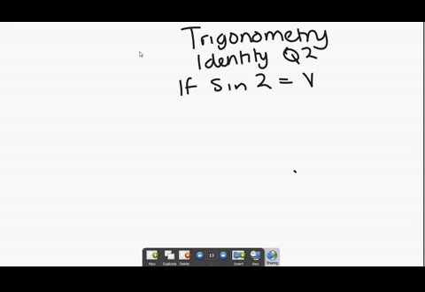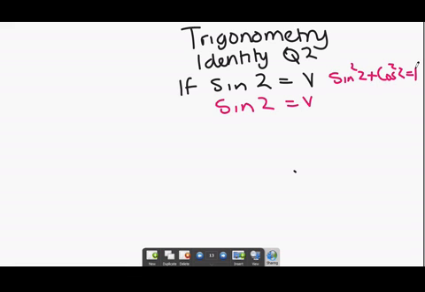Now, from what they have given me, I know that sine 2 is equal to v. Now, this can give me the right to say, what? Remember, there is an identity which says sine squared 2 plus cos squared 2 is equal to 1.